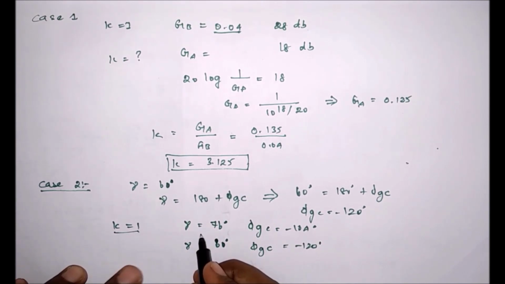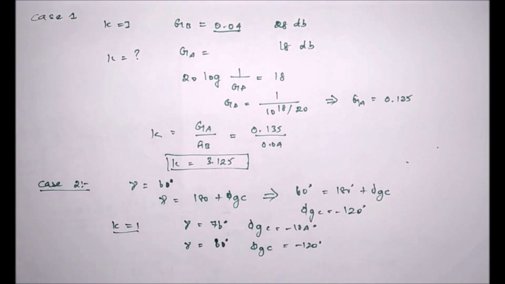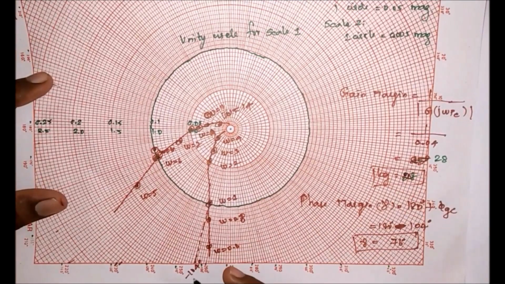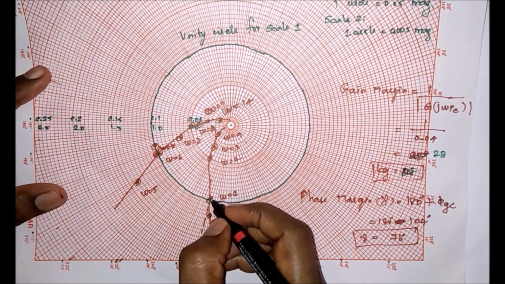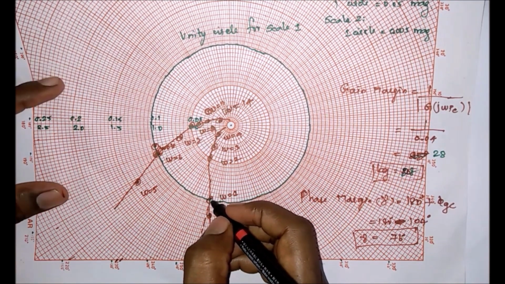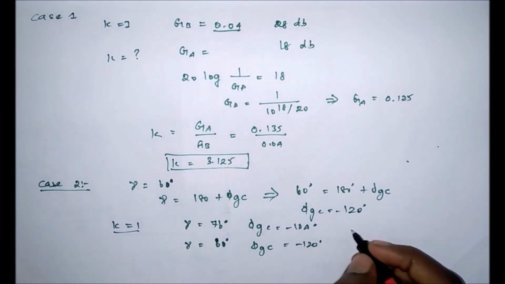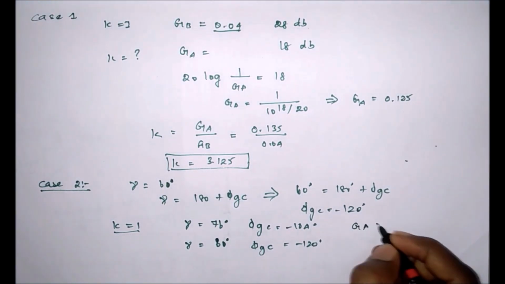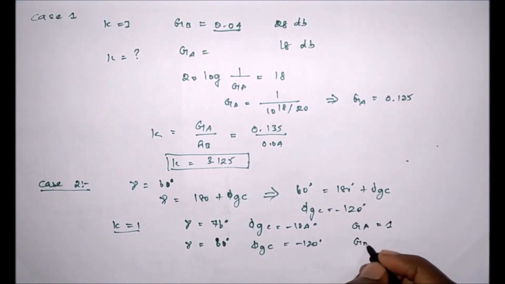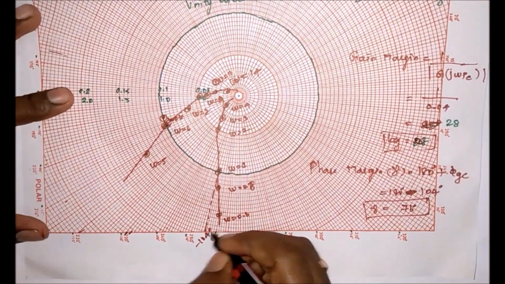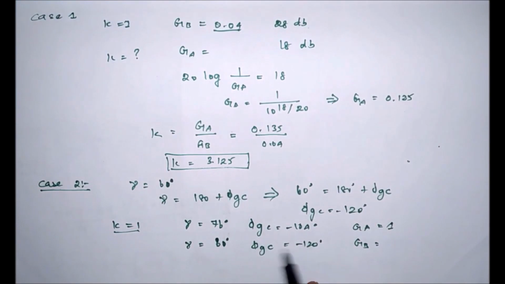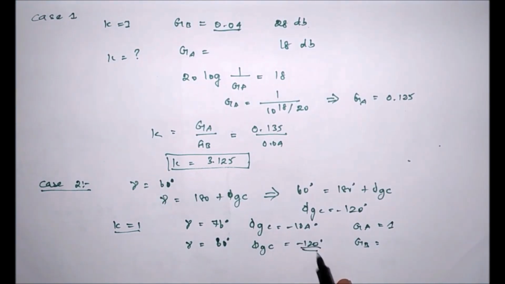When K equal to 1, phase margin equal to 76, from the polar plot, for minus 104, it is the unit circle, its magnitude equal to 1. Therefore, GA equal to 1. Next, GB. From this calculation, phi GC should be minus 120.